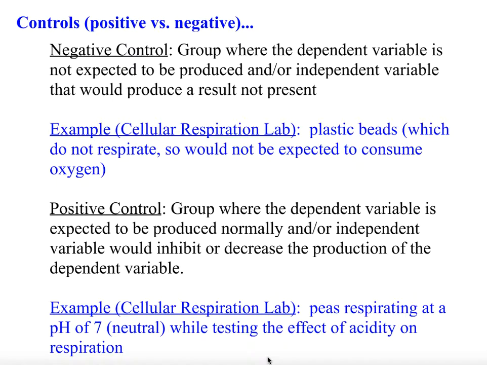Like, how severely do these conditions inhibit the activity of my experiment? How does the variable that I am using in my experimental group inhibit my dependent variable, based on comparison with the positive control? Okay, so I hope that clears things up.